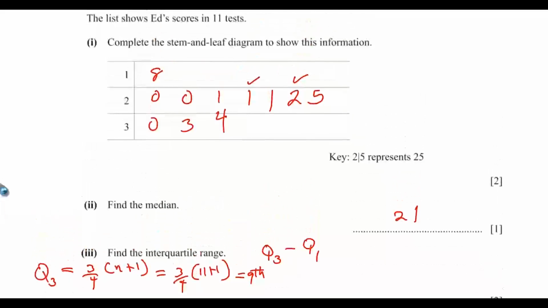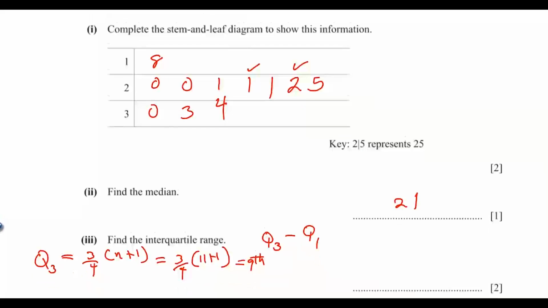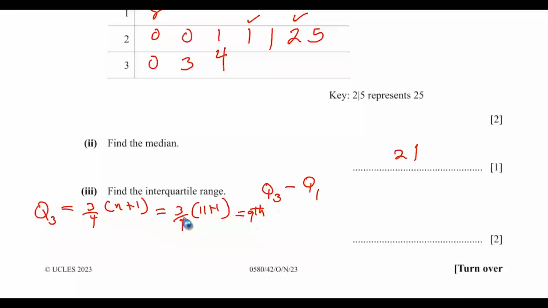So let's count: 1, 2, 3, 4, 5, 6, 7, 8, 9. So the 9th number there is 30. So that means Q3 is equal to 30. So we need to find the first quartile, that is Q1, and the formula is 1 over 4 into n plus 1.